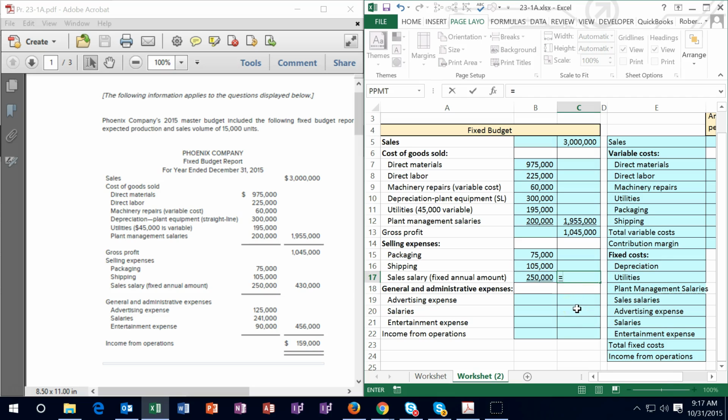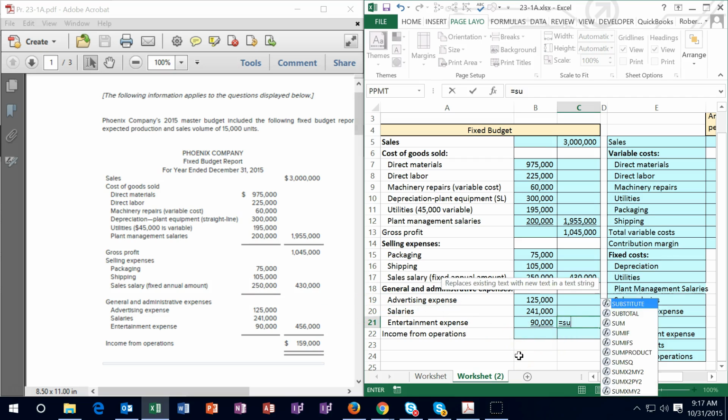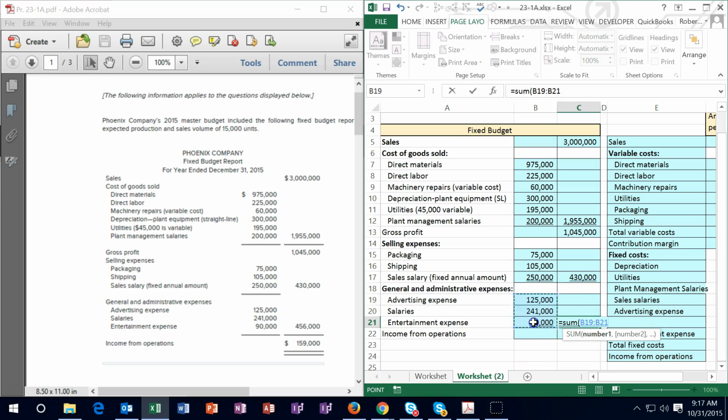I'm going to say equals SUM, summing up the 75, the 105, and the 250, and enter. So then we're going to go down and do the general and admin, of course. 125,000, 241,000, and 90,000. And I'm going to sum those up over on the right hand side again. Equals SUM, and highlight these numbers, summing them up.